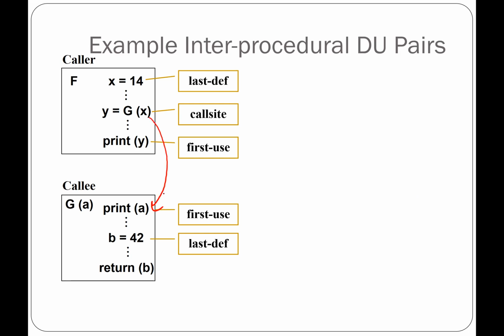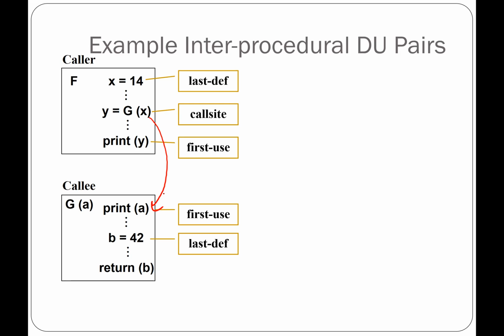So x is what we call the actual parameter, and a is what we call the formal parameter. Once I get to function g, I execute the function print a, and this is where I'm actually using the value of a.